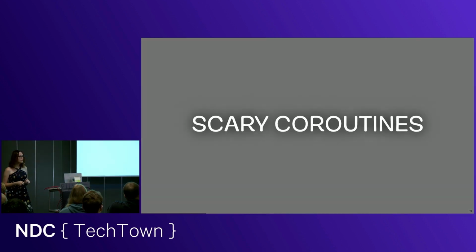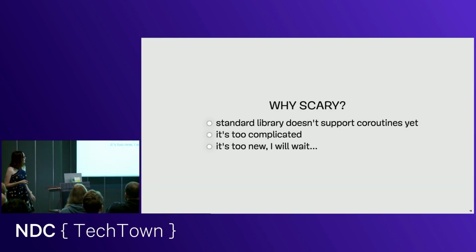So, scary coroutines. Coroutines were part of C++20, and there was a coroutine TS before that. Why don't we have them yet? We have some libraries and so on. There are multiple reasons. Do you have any other reasons than these three? Compiler support.